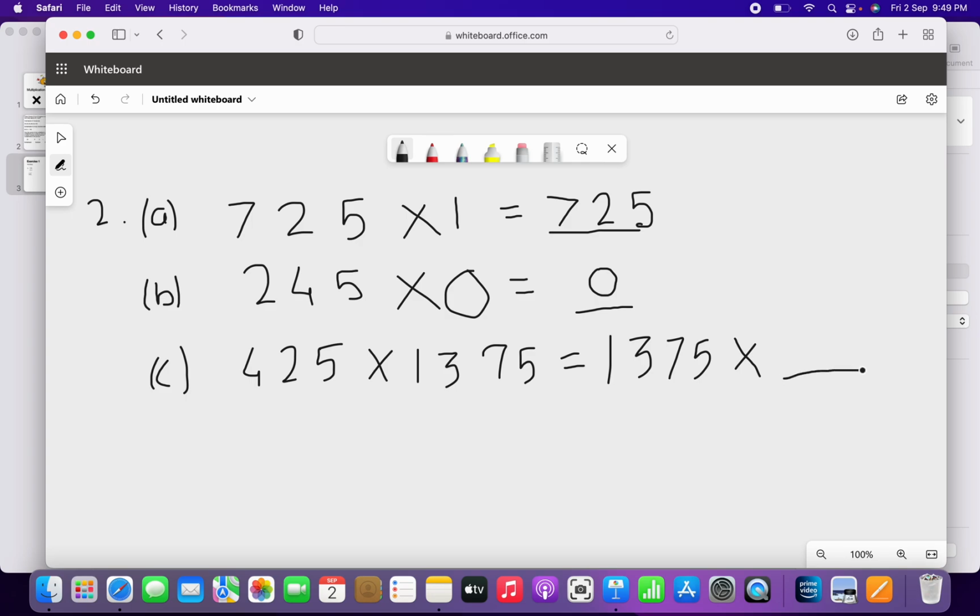Dash. So it's just that find the missing numbers, fill in the blanks, right? 1375 is there, 1375 is there. Multiplication, multiplication. So the missing number should be 425. I'm sure you wouldn't have any doubt in this.